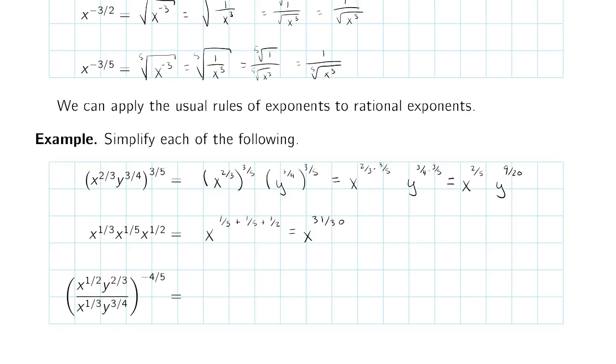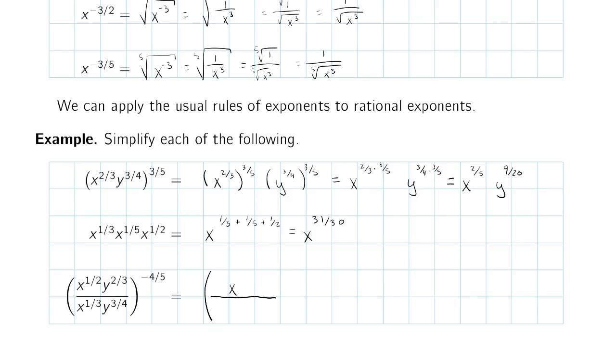And finally, if we have x to the 1/2 y to the 2/3 over x to the 1/3 y to the 3/4, all to the -4/5 power, well, there are various ways we could work this out. I'm going to work out what's inside the parentheses first. So for my x's, 1/2 is greater than 1/3.